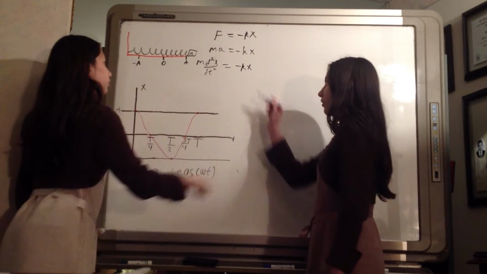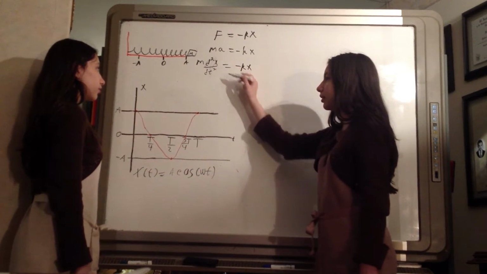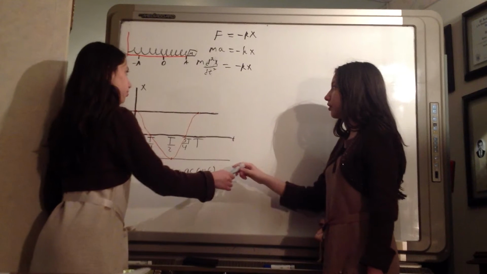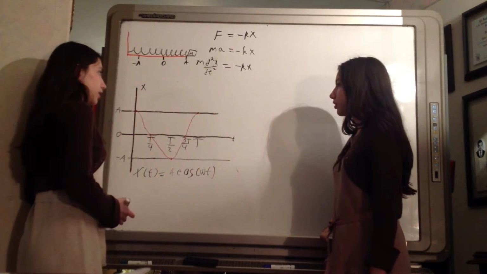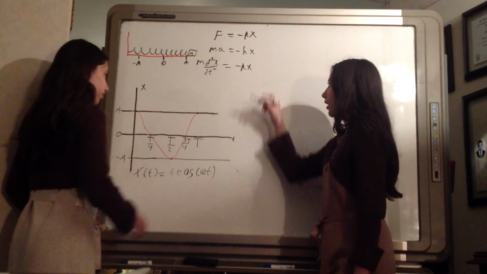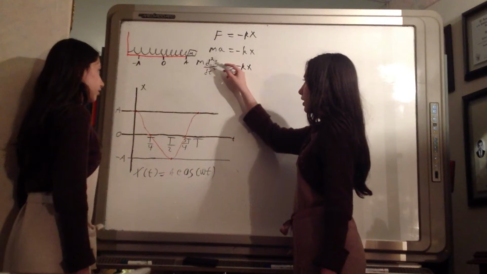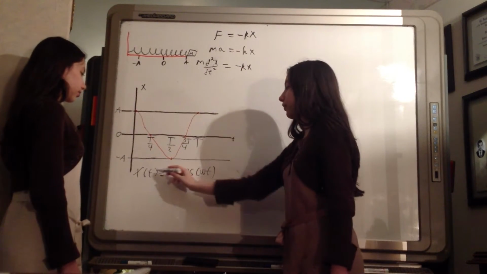And this is a differential equation because it has a derivative. And the solution of a differential equation is a set of functions or a class of functions. And this x is equal to this x, and this is equal to the second derivative of this.